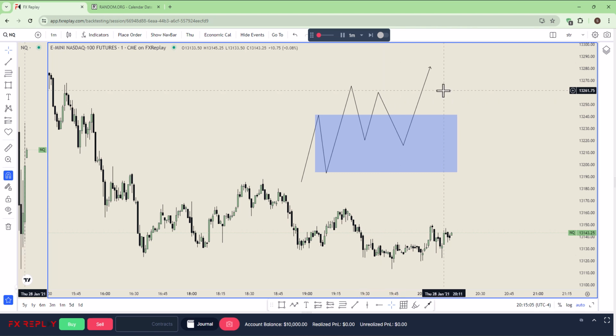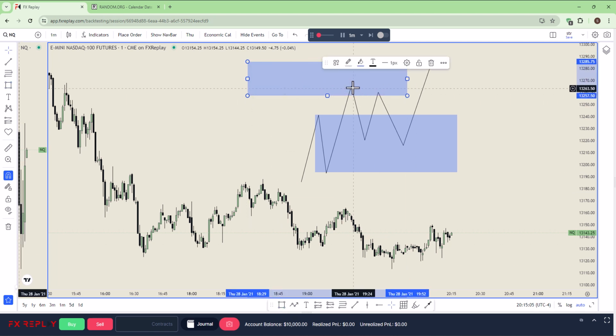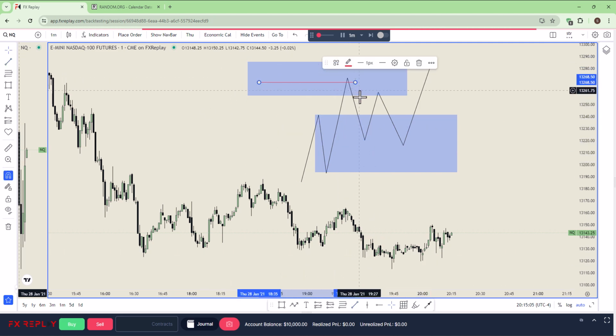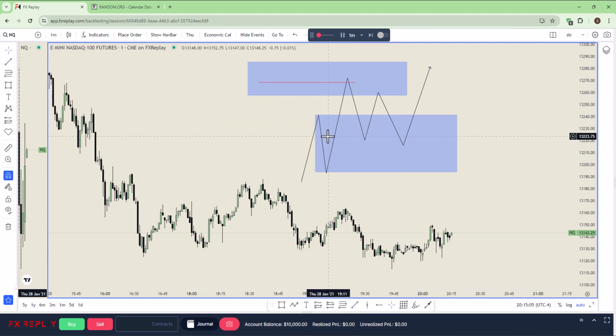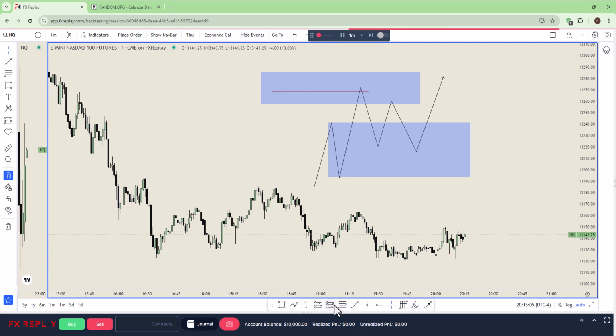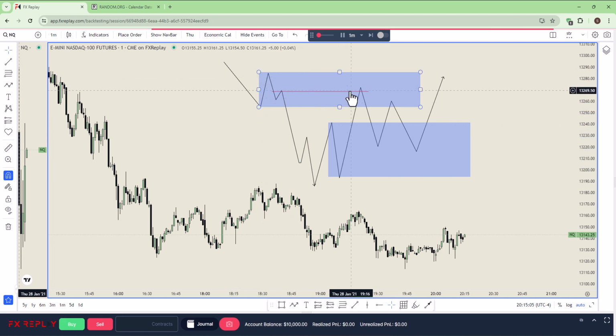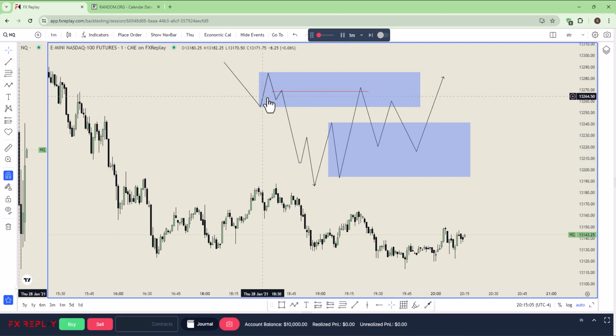There's also something called the pullback sweep, which is basically something like this. Price will sweep something from an old zone. So we have an old zone just like this, but it is a bear zone. So we sweep this high inside the zone, and then we pull back.